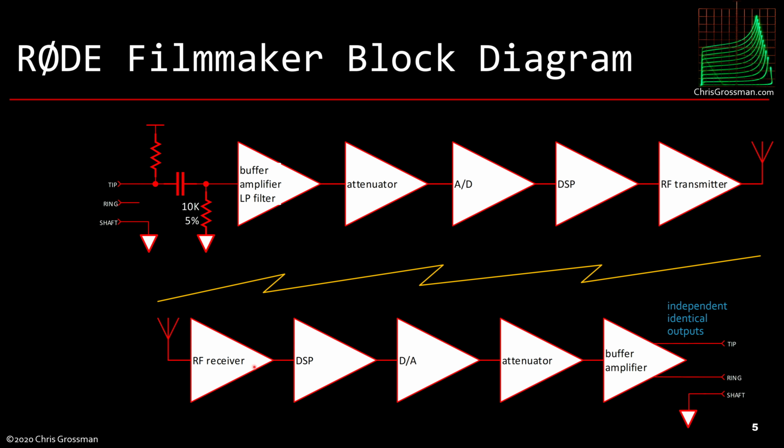That receiver then feeds into a digital signal processor, which decodes the digital signal into a digital audio stream, and that goes into a D to A converter, through the switched attenuator, and then into a buffer amplifier and out.